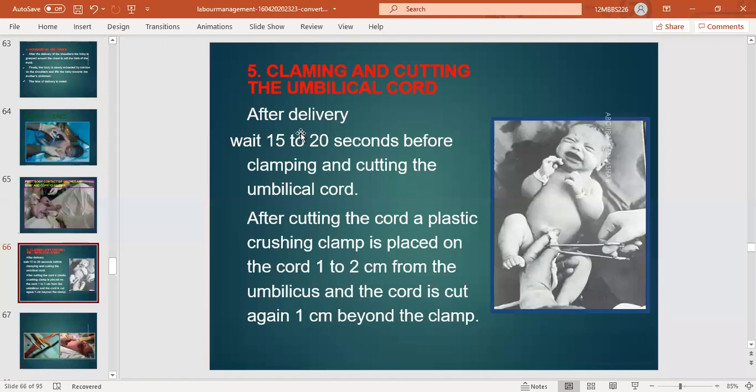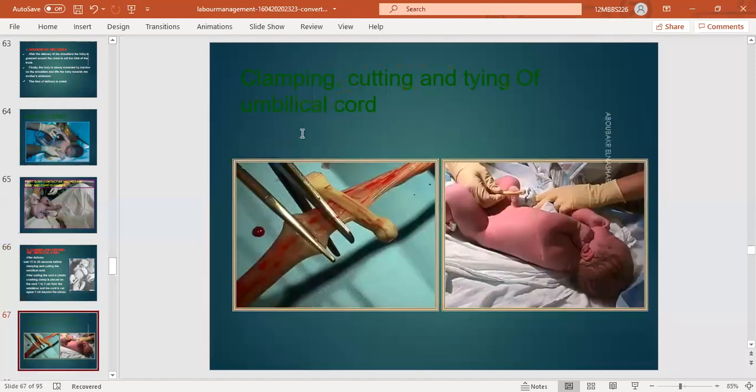This is a method to measure it: keep 2 fingers from the umbilicus, and 2 fingers means 2 to 3 centimeters, apply one clamp over there and another clamp 1 centimeter beyond the cord clamp. Look at this. There is enough cord from where the clamp can be applied properly.